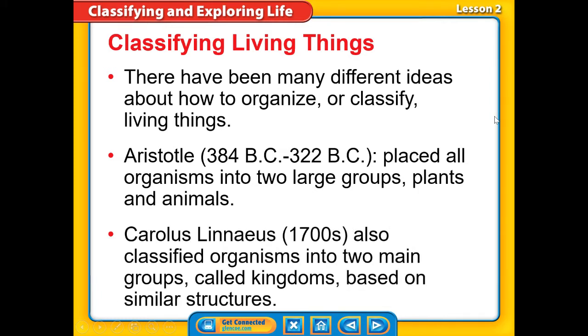Later in the 1700s, which was just about 300 years ago, there was a naturalist from Sweden named Carolus Linnaeus, which is the form of the name Carl. Linnaeus put things into two main groups also, but he called those groups kingdoms, and he is largely responsible for the naming system that we use today.